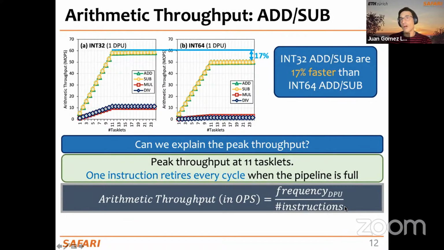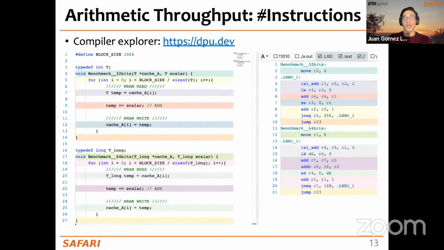And here we have the number of instructions that we need for this specific operation. Now we are going to check what our compiler produces for both the microbenchmark for 32-bit integers and the microbenchmark for 64-bit integers. On the right-hand side, what we see is the compiled code.